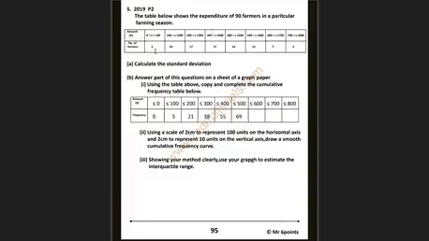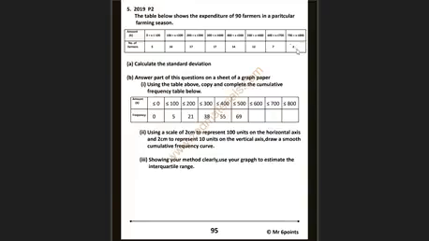I also want you to add 5 plus 16 plus 17. Add up these values in the second row and give me the final result. Yes, so you can see that these 90 farmers represent the total frequency.